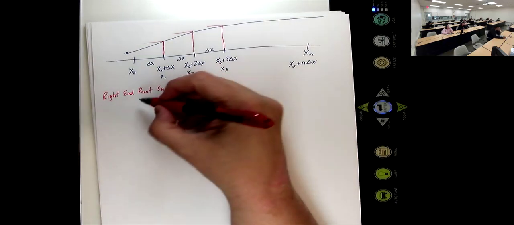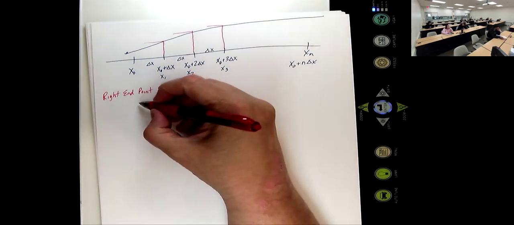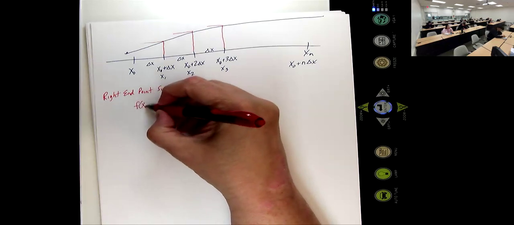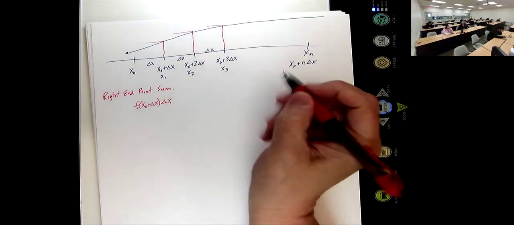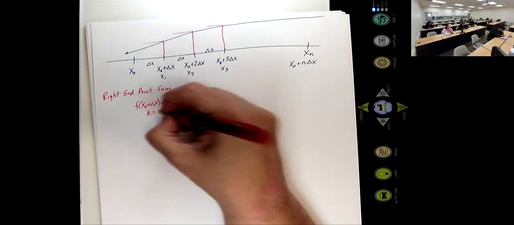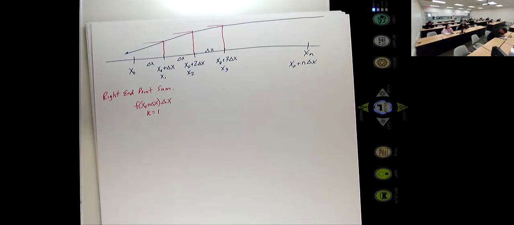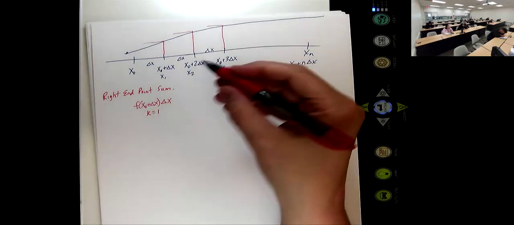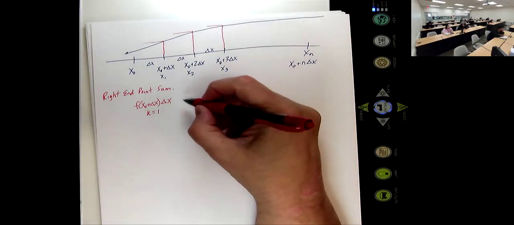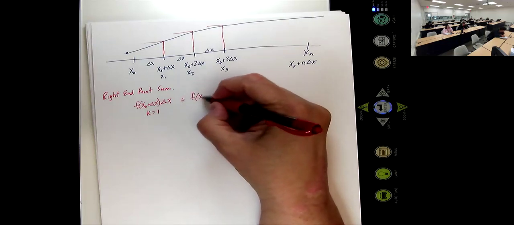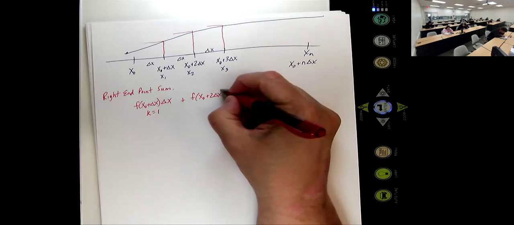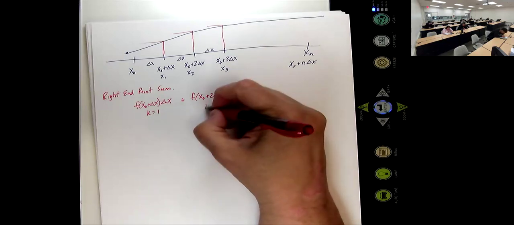The first rectangle is f of x naught plus delta x, times delta x. That's our k equals 1 rectangle. For our next rectangle, f of x naught plus 2 delta x, times delta x, k equals 2.